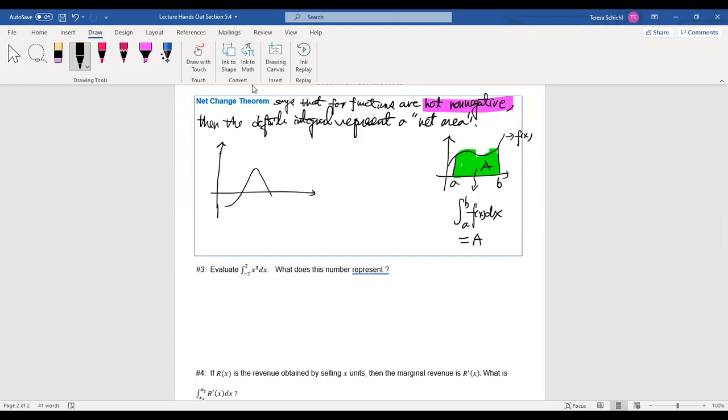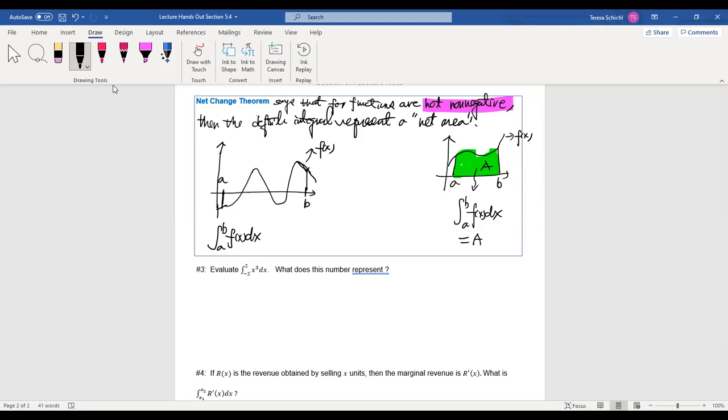Let's try to draw it here. Okay, this is my function, and this is my a, and this is my b, right? If I say I'm going to take the integral from a to b of f of x dx.